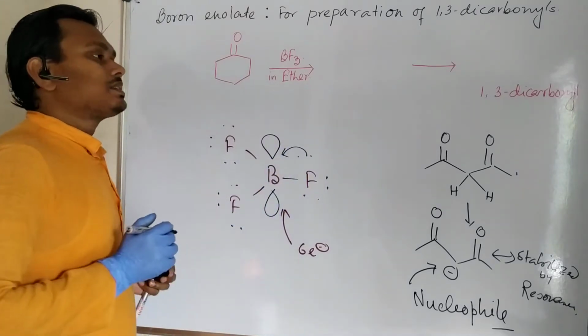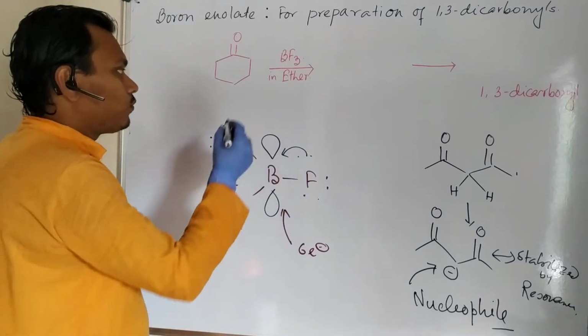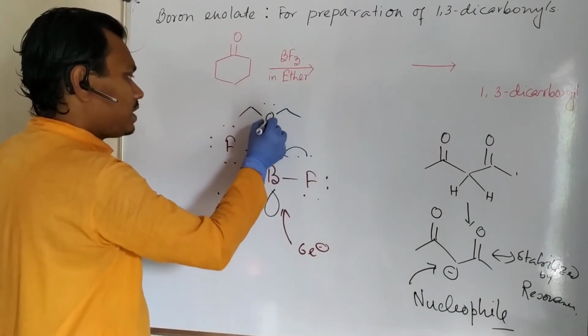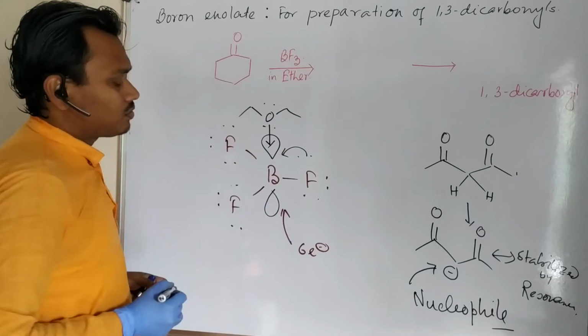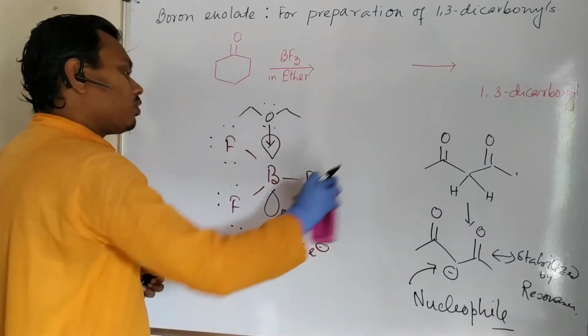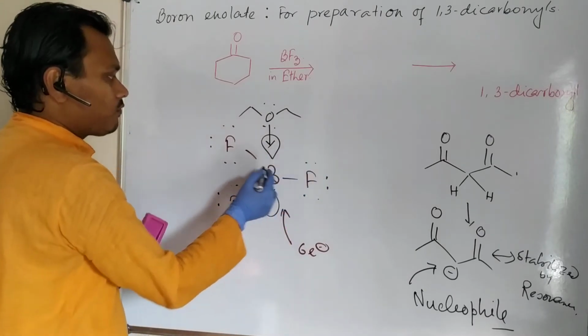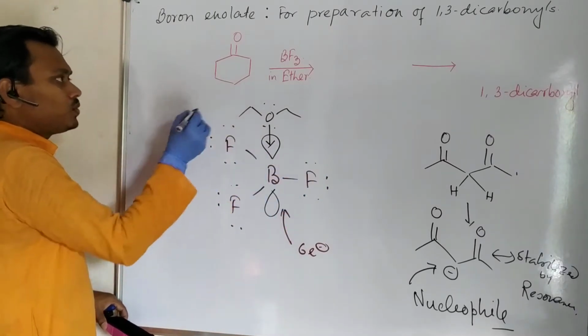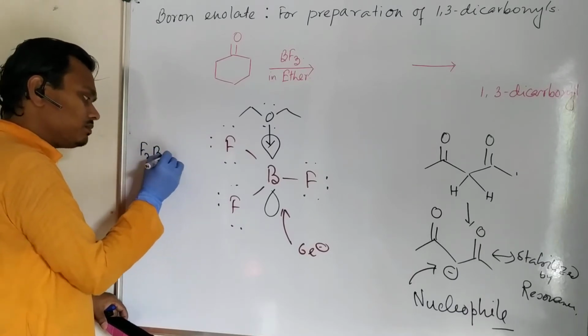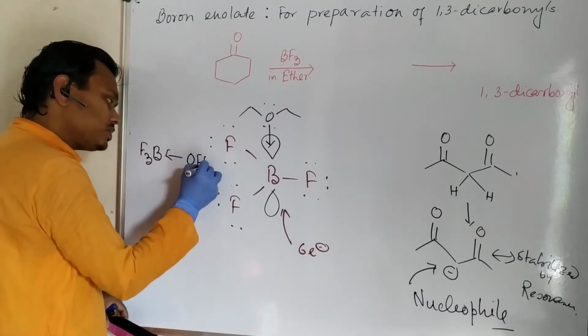Another thing, some electron rich molecule, for example ether, let's take diethyl ether, can also donate its electron density to this vacant orbital of boron, resulting in the formation of the BF3·OEt2 adduct. So this is the reagent you must remember, BF3·OEt2.